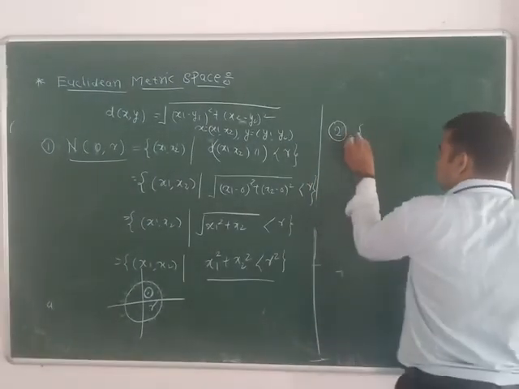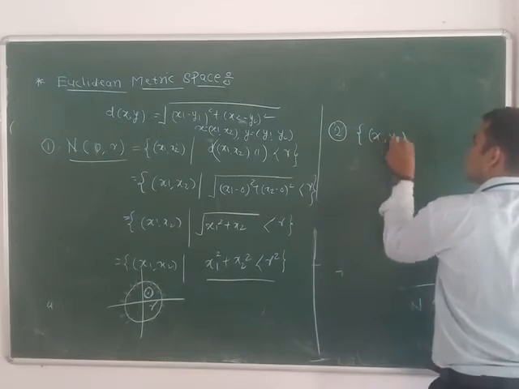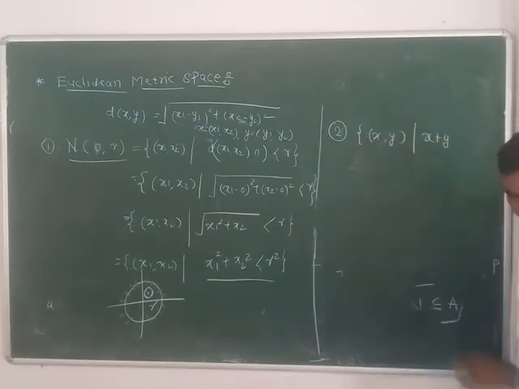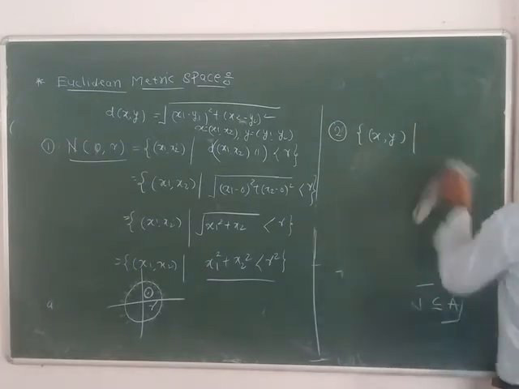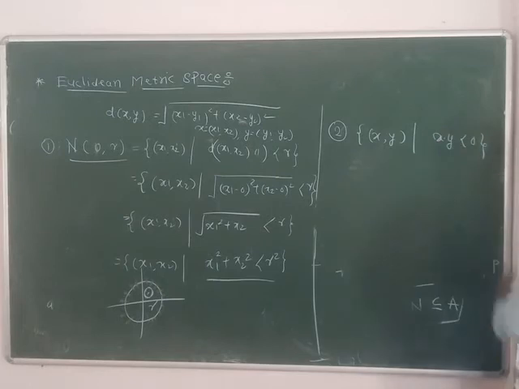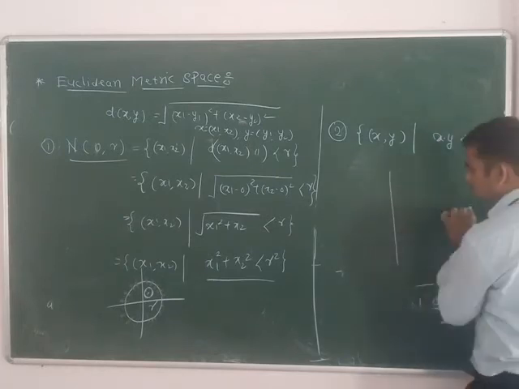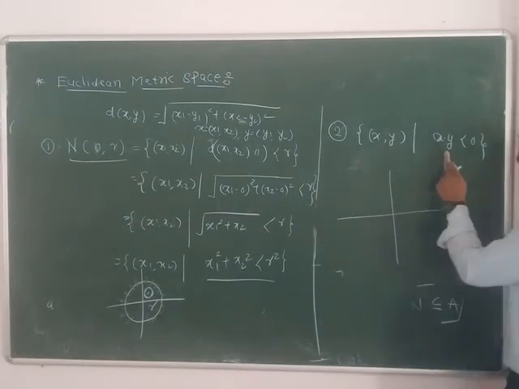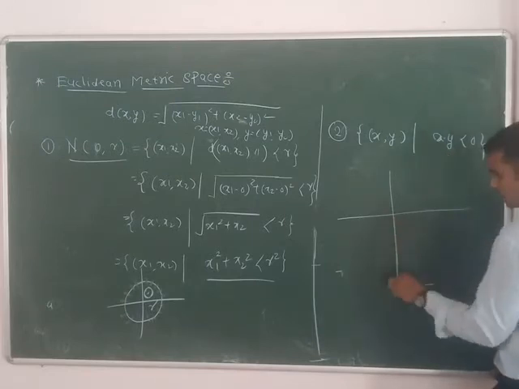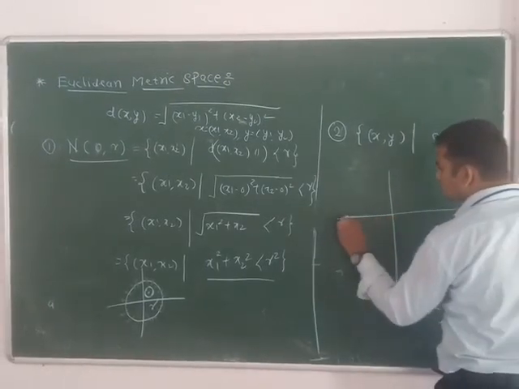There are some other examples: (x, y) such that x times y is less than 0. The product is negative, so one of them must be negative. So here y is negative and here x is negative.